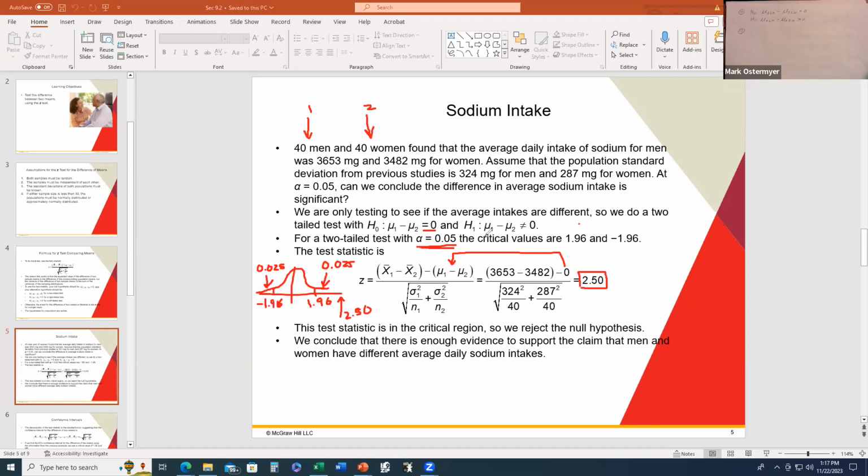And therefore, we will conclude that, yes, it appears that there is a difference between the mean sodium intake for men versus women. In other words, the mean sodium intake for men is not equal to the mean sodium intake for women.